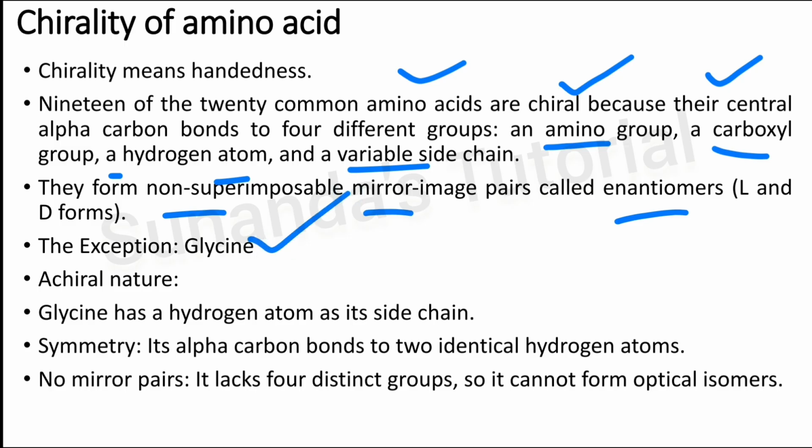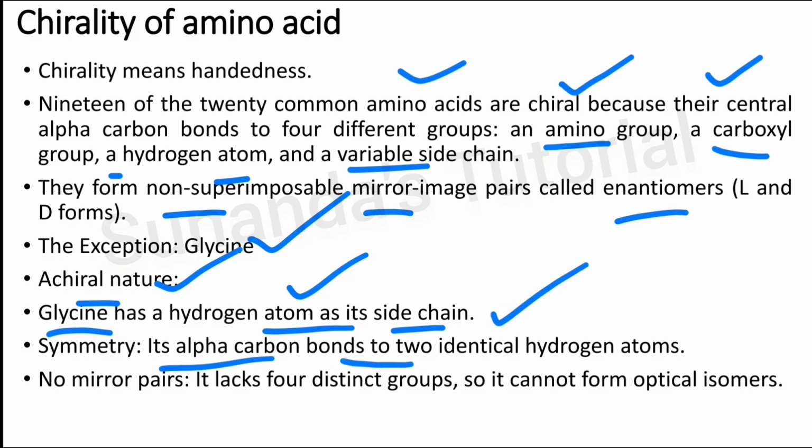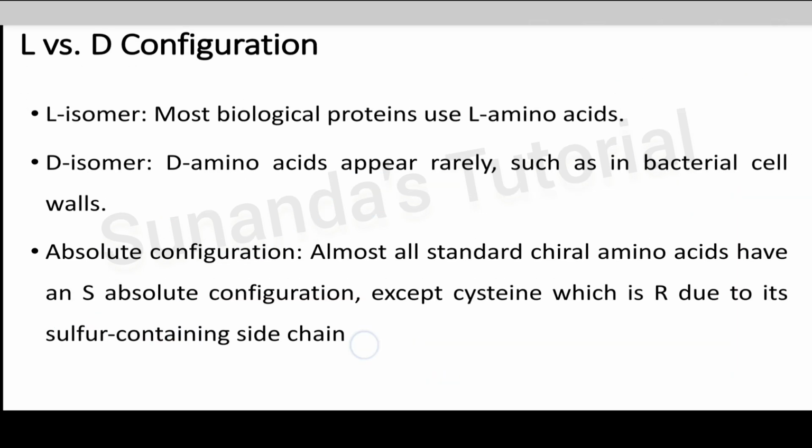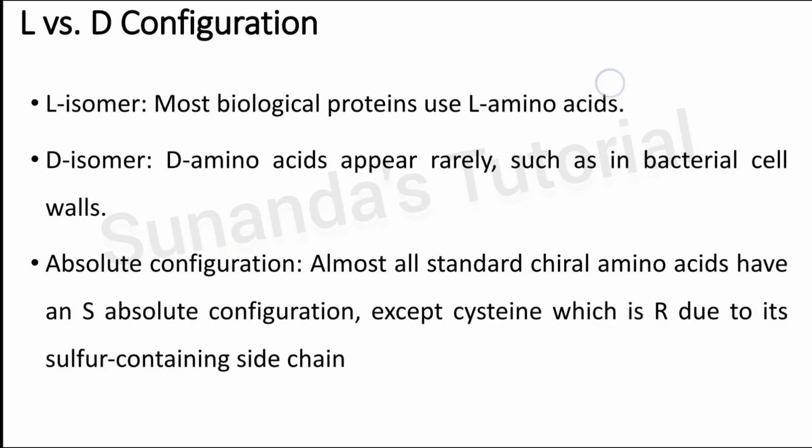The exception is glycine, which is achiral, because glycine has a hydrogen atom as its side chain and its alpha carbon bonds to 2 identical hydrogen atoms. So no mirror pairs are there. It lacks 4 distinct groups, so it cannot form optical isomers. It lacks symmetry.